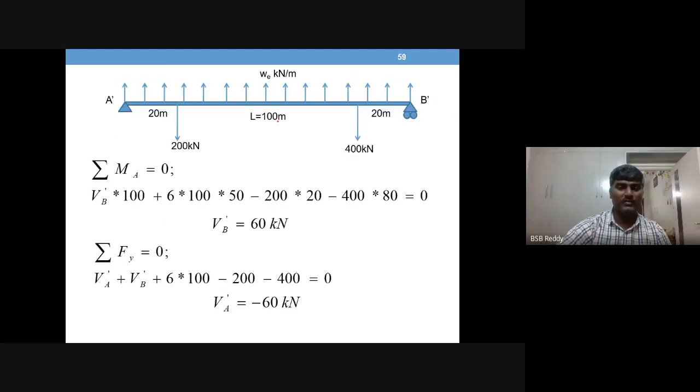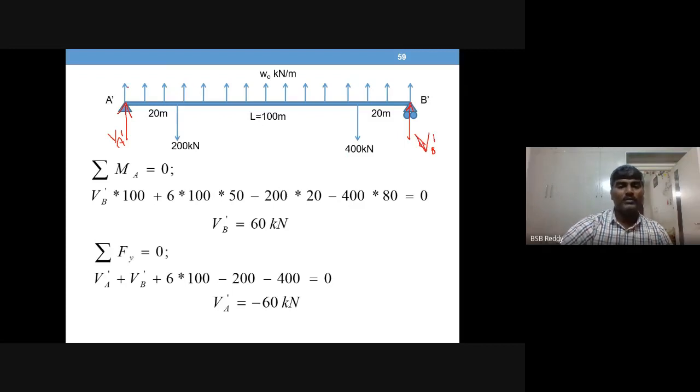Then come to the girder. The girder has got VA dash. If you remove the support A, you'll have VA dash, VB dash.